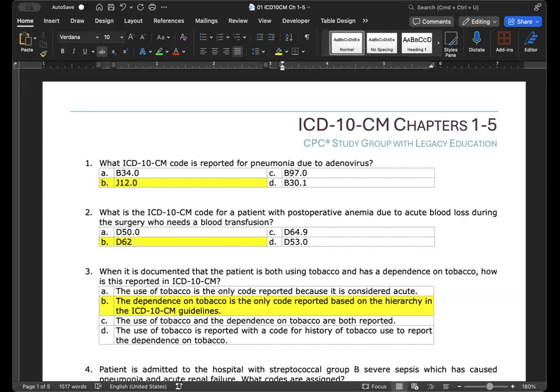But just go back through and read the ICD-10 guidelines, even if you skim them. You don't have to read them word for word, and you don't have to memorize them. Just get familiar with the types of guidelines that are in there, so you know when to refer back to them. That way, you're not looking for things that you don't know are in there or not.